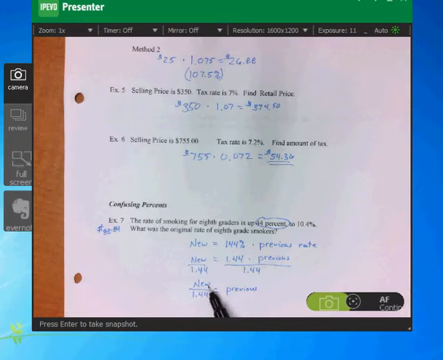Now, we already know what our new rate is because we said the rate is up 44% to 10.4. So the 10.4 is what our new rate is. So we're going to say we have 10.4%. Now I'm going to leave this as a percent because in relative terms we're saying we have a new rate and a previous rate that are both percentages, and we're just increasing them as a relative term, 44%.